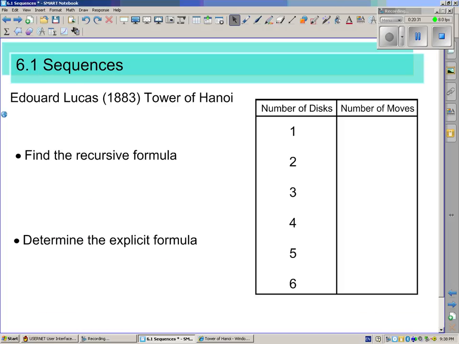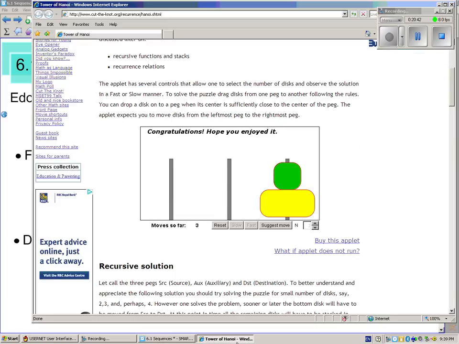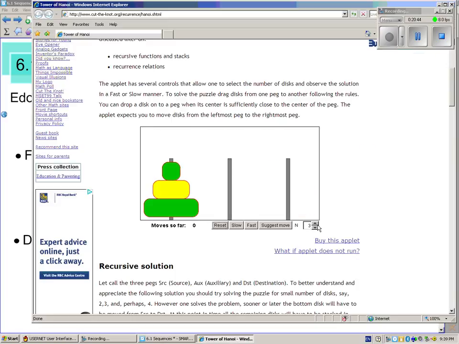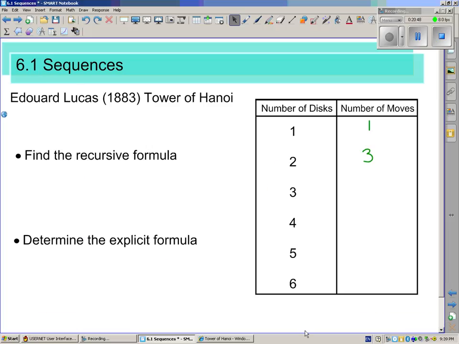So let's start filling in this information. To move one disc, it takes one move. To move two discs, it takes three moves. How many moves for three discs? 7. 7 moves to move the three discs. We did the 4.